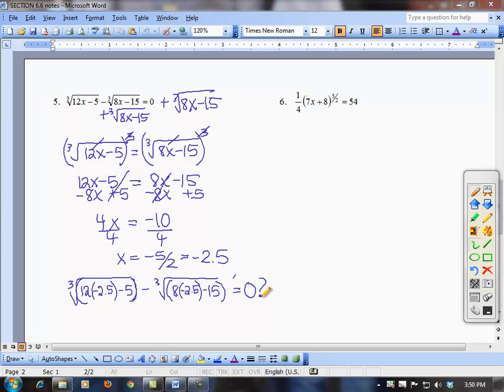Well, what ends up happening is you have the cube root of negative 35, minus the cube root of negative 35. Well, if I take one thing and I subtract itself, will I get 0? The answer is yes. So negative 2.5 or negative 5 halves is your answer.